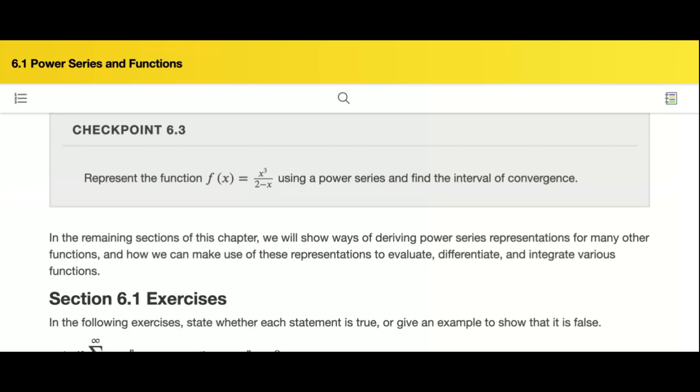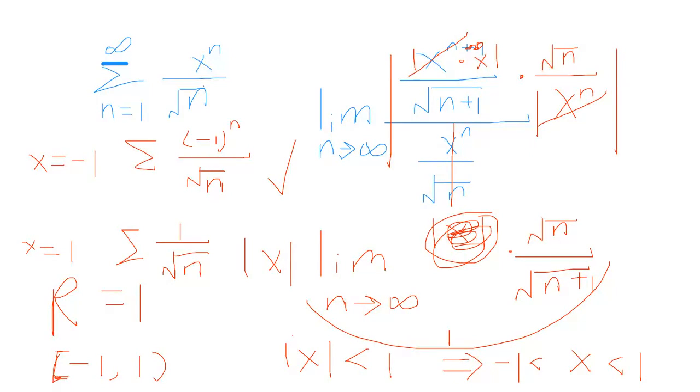So x cubed over 2 minus x. Let's go to the whiteboard. Oops. X raised by n plus 3 over 2 raised by n plus 1. Looks great. Okay, so let's see. Let me write.